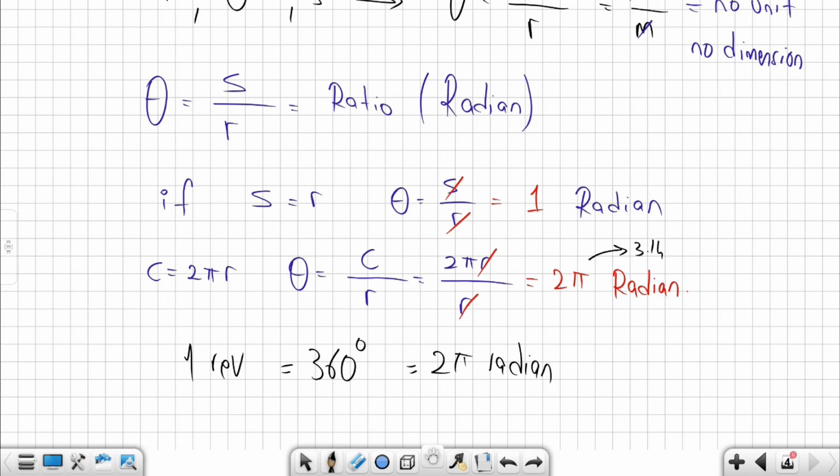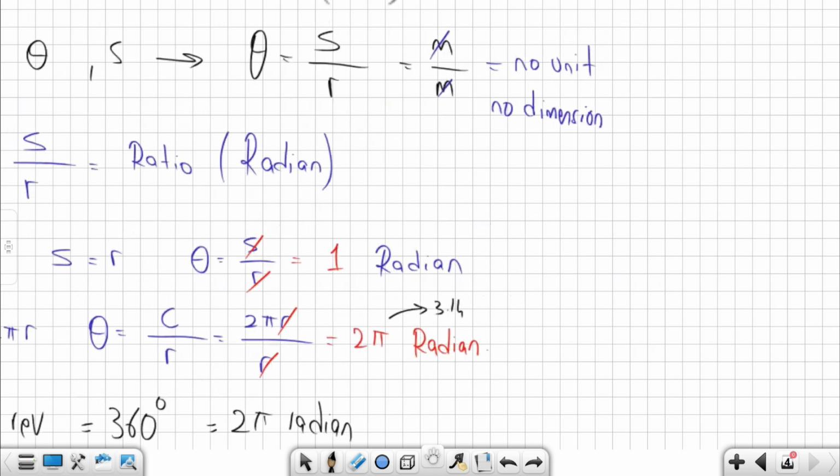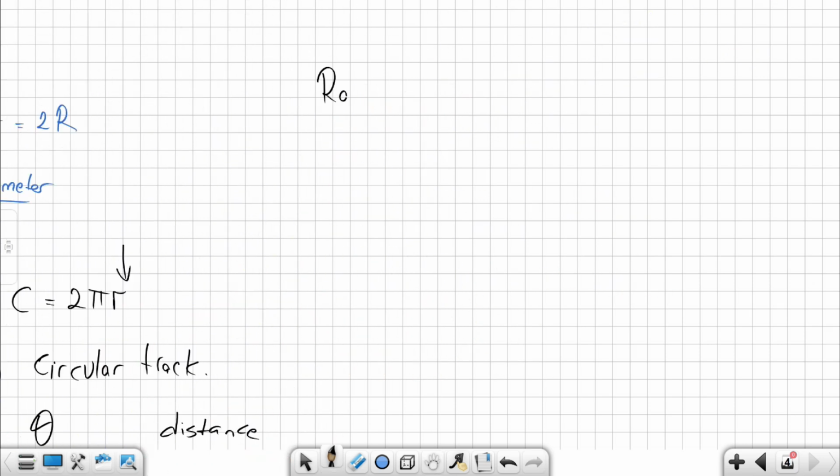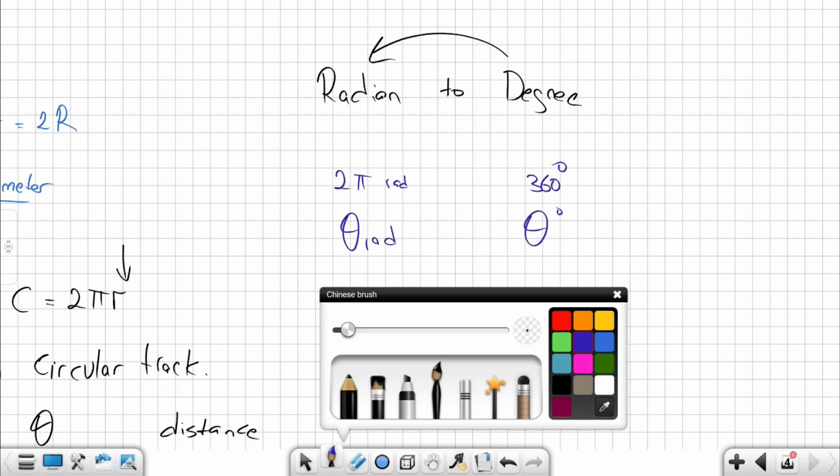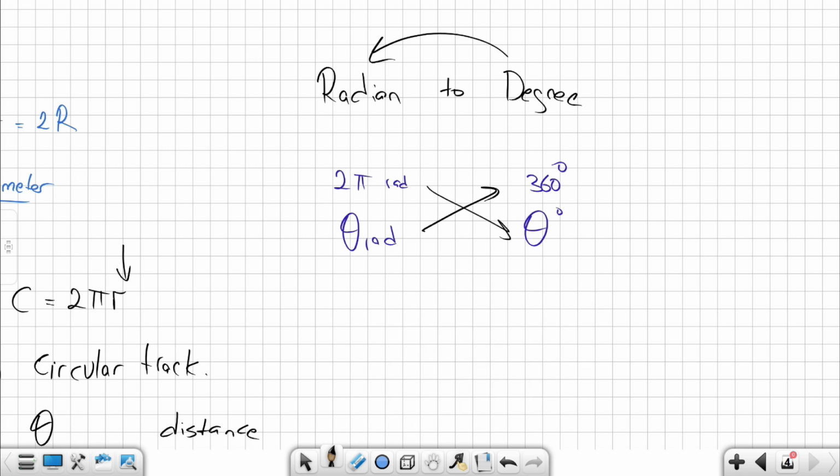Now let's talk about how to convert radian to degree, degree to revolution, and vice versa. Let's start with radian to degree and vice versa. The easiest way is to use cross multiplication, which we say as 2 pi in radian is equal to 360 in degrees. So theta in radian over theta in degrees. We cross multiply and get theta in radian multiplied by 360, which is equal to theta in degree multiplied by 2 pi.